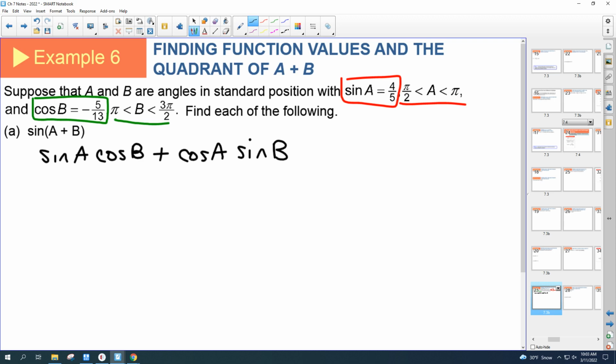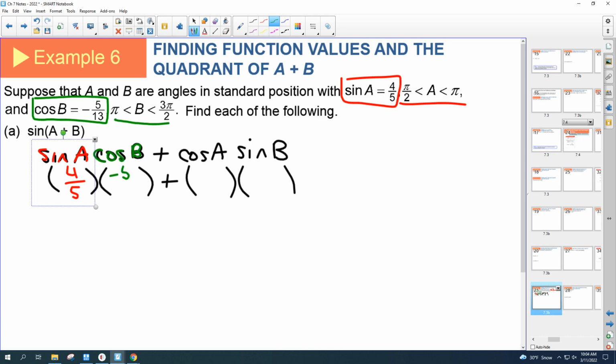I always like to take a second and just double check sine, cosine, plus cosine, sine. All right, so what we've got to do is fill in these 4 blanks. And we have some of them. Notice they gave me sine A. Sine A is 4/5. We can fill in that blank. And notice they gave me cosine B was negative 5/13. Okay, and that's all I have.